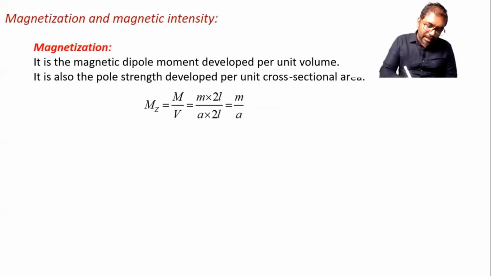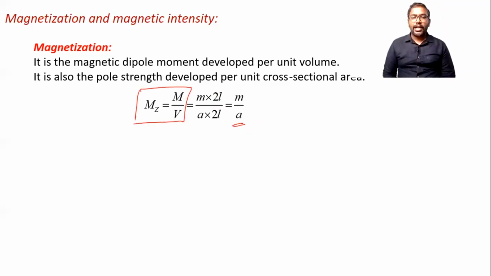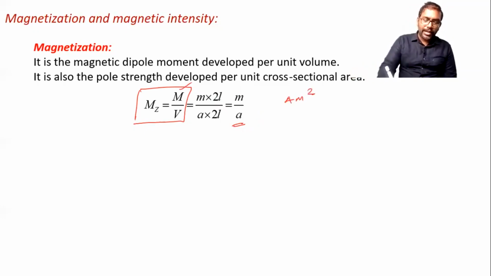You can write by this or by using this: magnetic dipole moment per unit volume is magnetization. The unit of capital M is ampere meter square divided by meter cube. So meter square from this gets cancelled with meter cube, and we get ampere per meter as the SI unit.